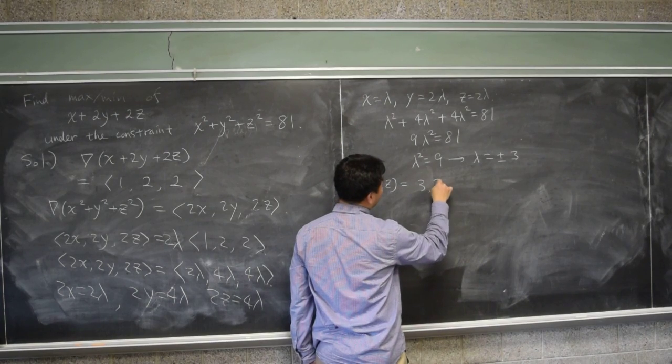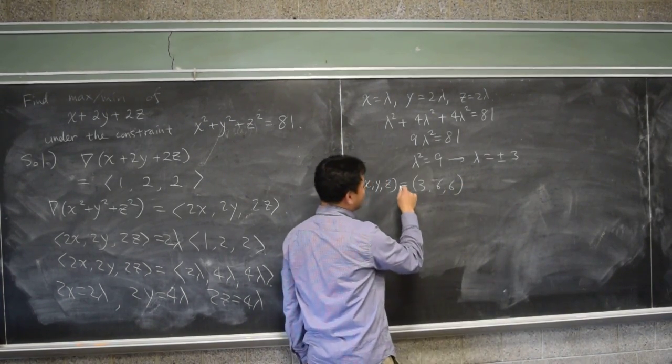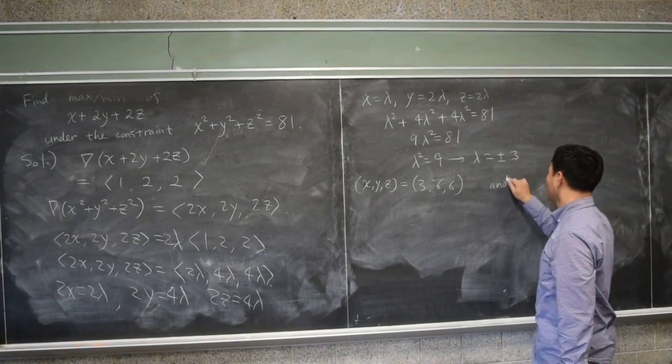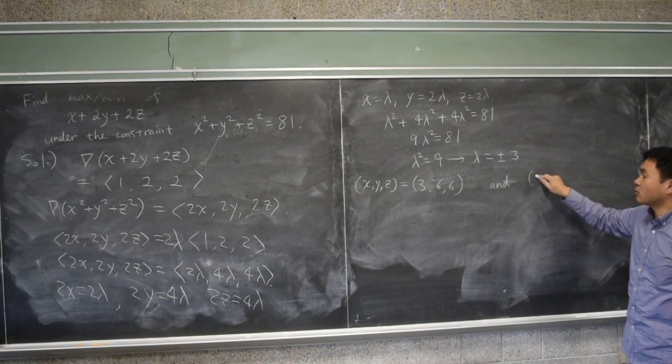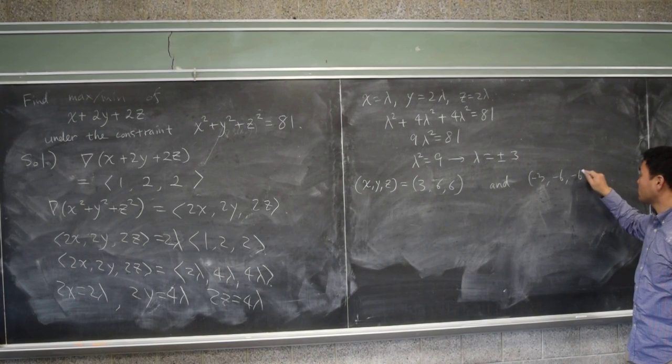That gives 3, 6, 6. This is for lambda equal to 3. For lambda equal to negative 3, we have negative 3, negative 6, negative 6.